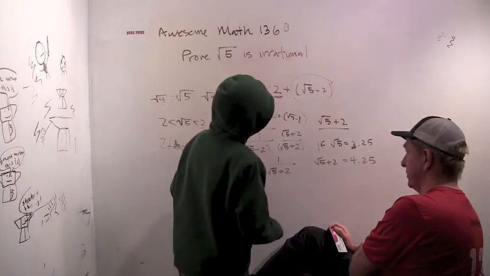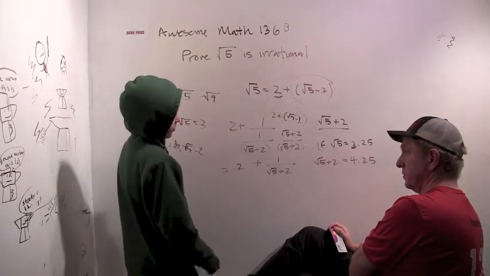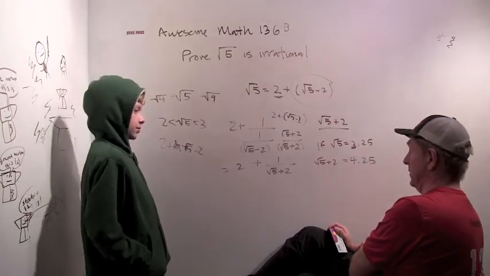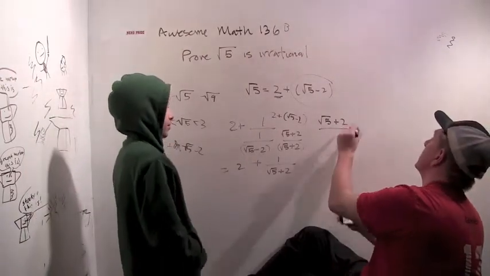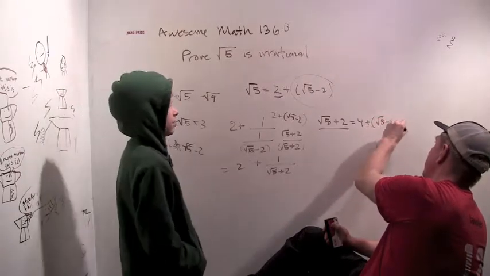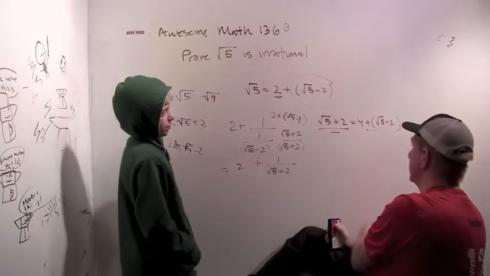Well, it's 4. Exactly right. So it's 4 plus the square root of 5 minus 2. This is equal to 4 plus just what you said, square root of 5 minus 2. Now let's just double check. Does this side equal this side?